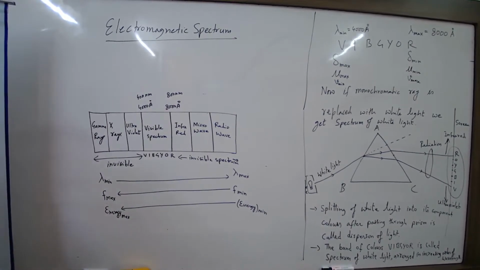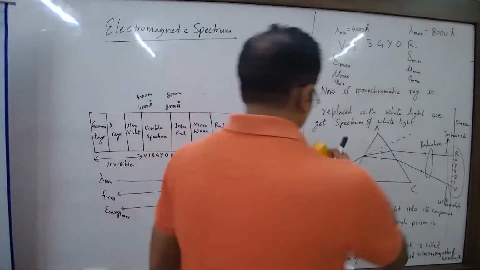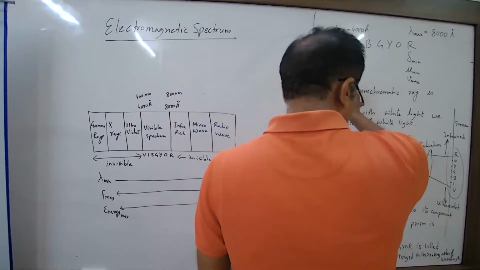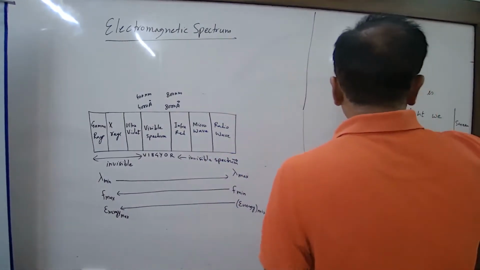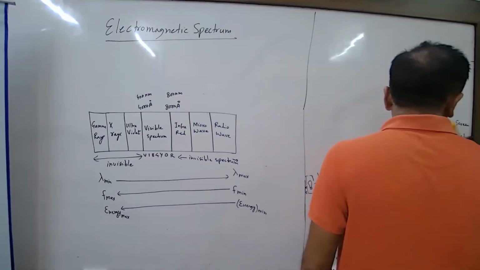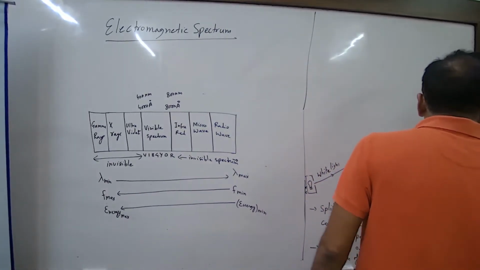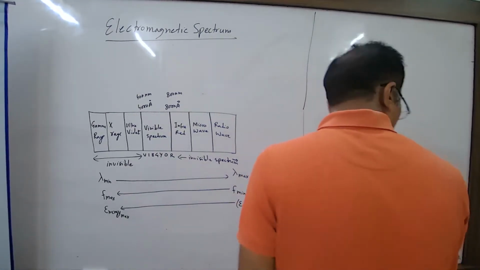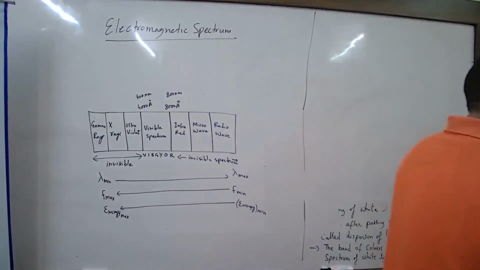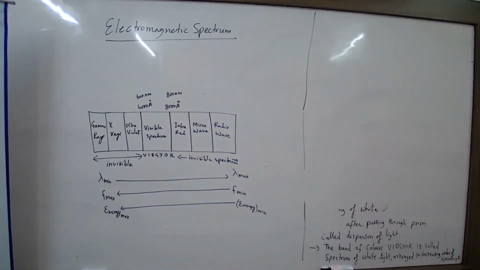Now there are some common characteristics of electromagnetic radiations. Let's read that. Can I erase this part? Is that the arrangement of the spectrum?